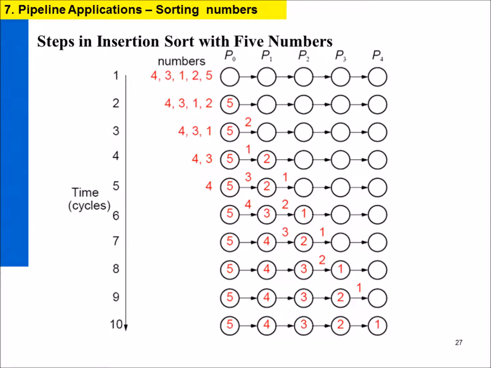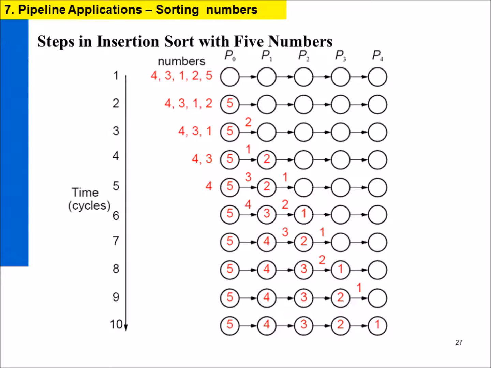So here you see a picture of what was happening in what I described previously, which is that first you have 4, 3, 1, 2, 5 going in, then the 5 goes into P0 and it gets stuck there, and then the 2 goes past the 5, and then the 1 goes past the 5, and then it goes past the 2.